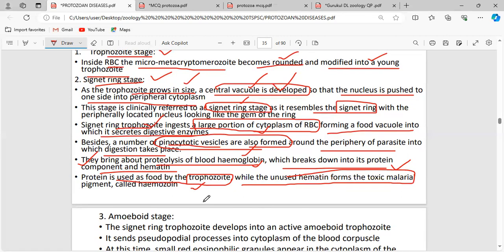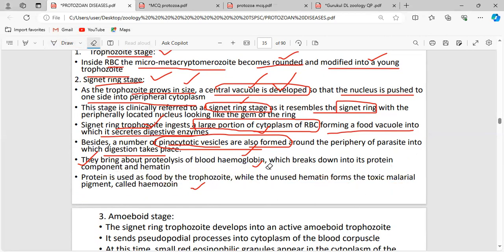Here, the useful products taken from the hemoglobin are used for energy, and the unused hematin will be converted into the toxic material called hemozoin. The toxic material produced by the parasite is hemozoin. This is the most important one. The sporozoite is the infective stage, and hemozoin is the name of the toxic material.